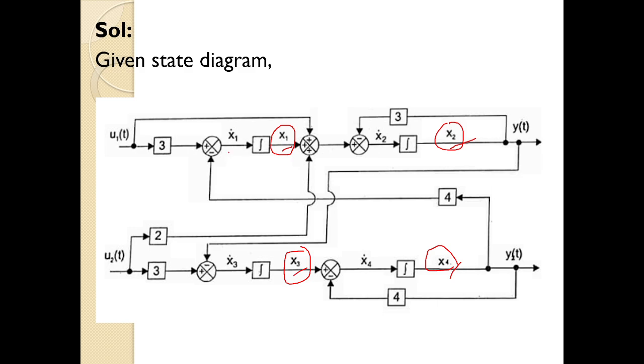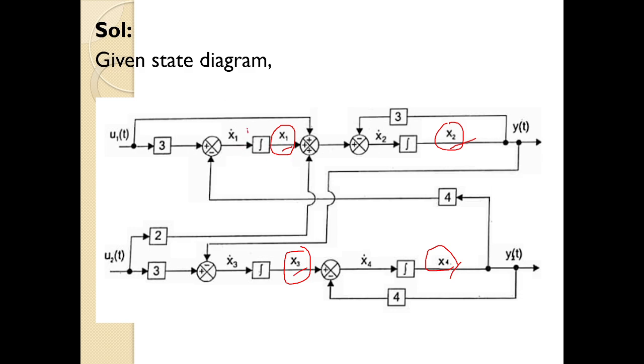We already know if we have a derivative and we integrate the derivative, then we will get the variables. So if output is x1, then input will be the derivative of x1 for the integrator.